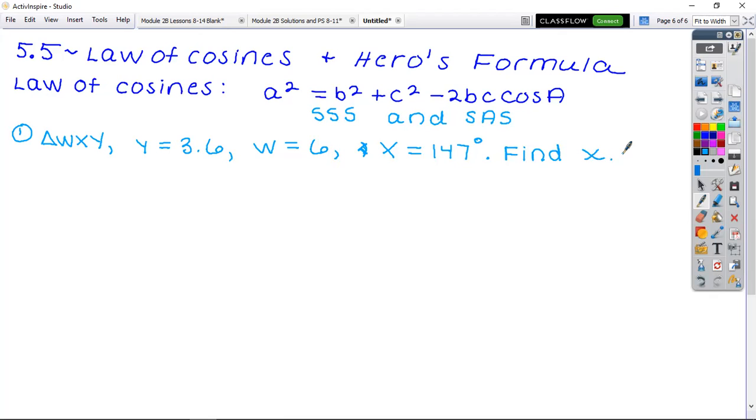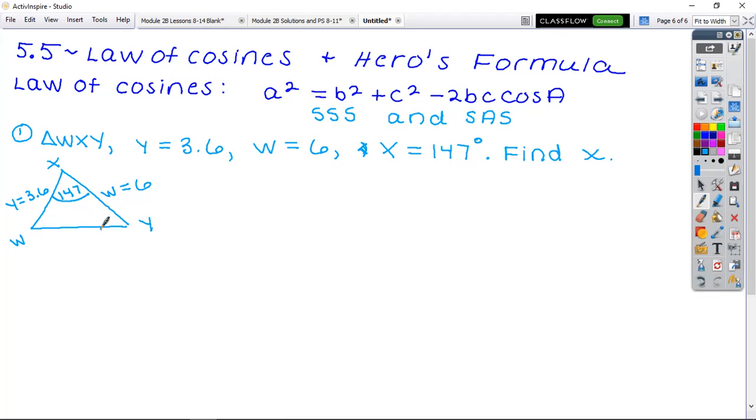So you're going to begin by drawing your triangle. So we have W, X, Y, where little y is 3.6. Little w is equivalent to 6. And angle X is 147 degrees.